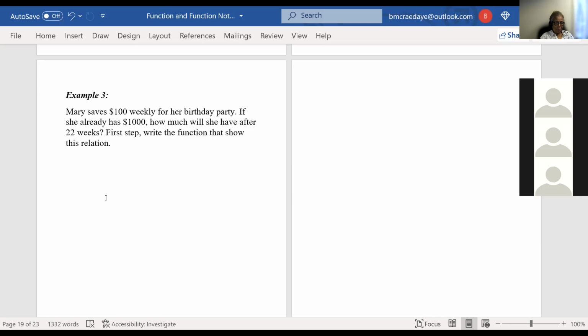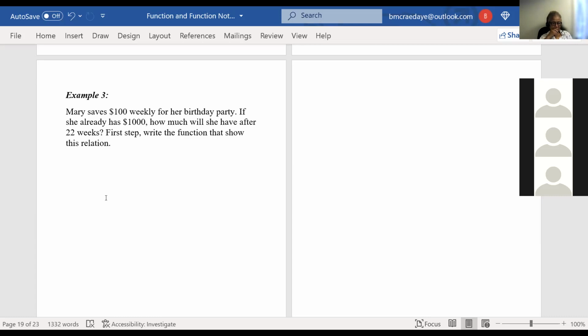You just want to write out the function that shows this relation. First step, write the function. This is linear, right?